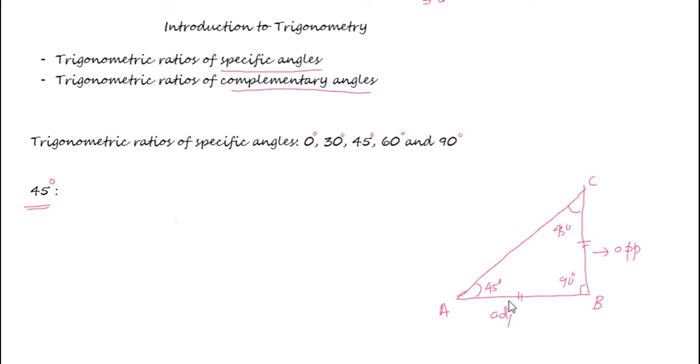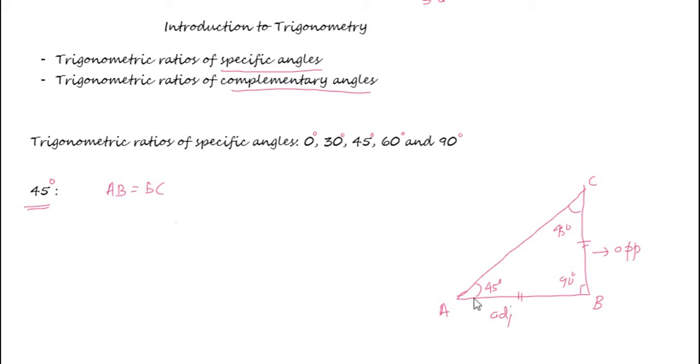ABC is a right angle triangle with angle B equal to 90 degree and angle A is 45, therefore angle C is also 45. Hence this is an isosceles triangle. What we have here is AB equal to BC. When you consider angle A, BC is the opposite side and AB is the adjacent side.